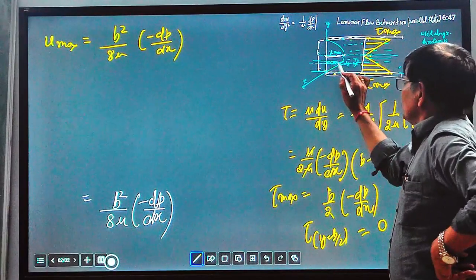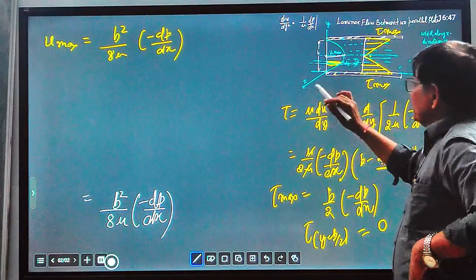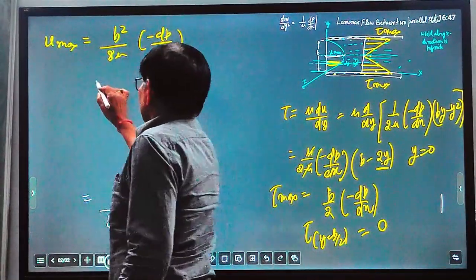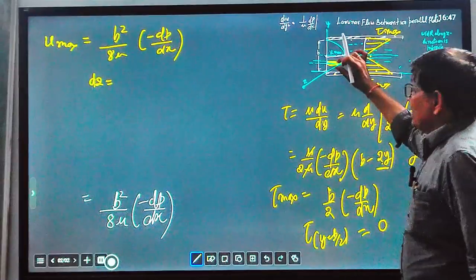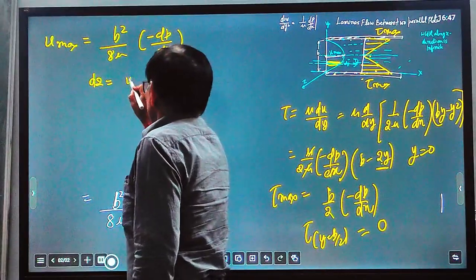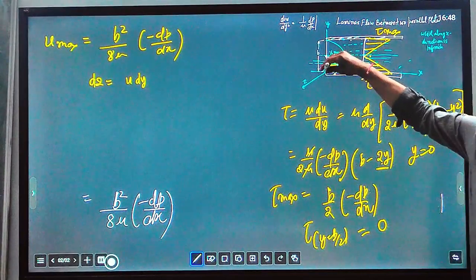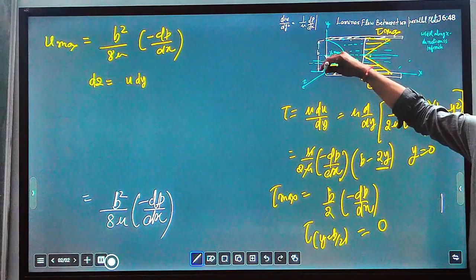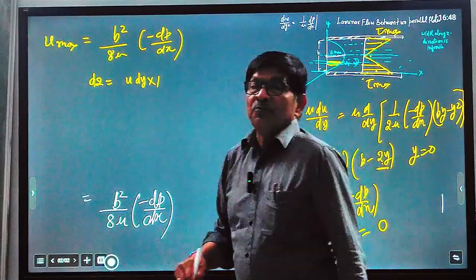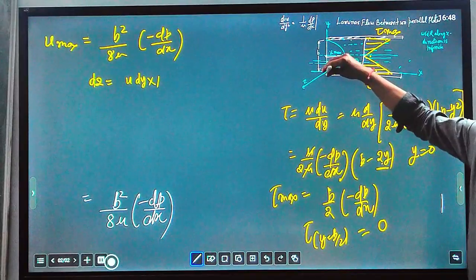Here we have taken u dy, a strip of thickness dy. What is the discharge from this thickness? dq from this small strip of dy equals u dy, per unit width along the z direction, because the depth along the z direction is infinite.